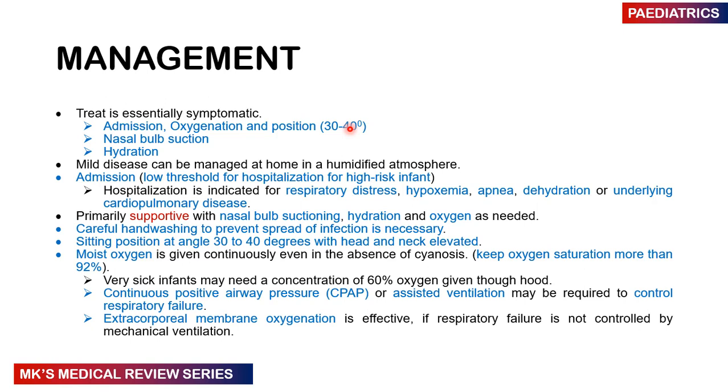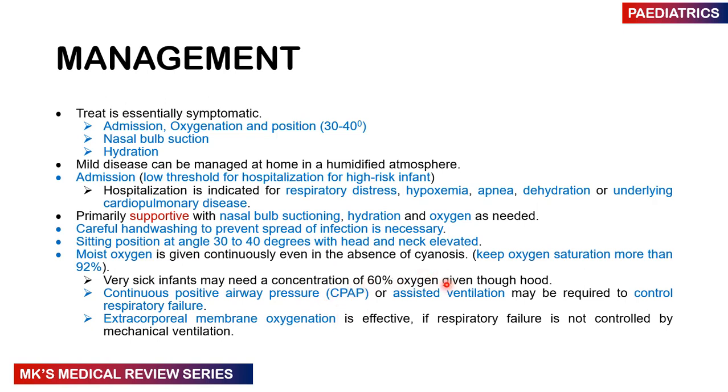You give them oxygen. If it's mild disease, you can actually manage them at home in a humidified atmosphere, but of course if they are admitted, you actually want to give them oxygen. It's very important that you should prevent cyanosis, so you continuously give them moist oxygen. Make sure you keep the saturations above 92%. So with the very sick infants, you may actually need a concentration of 60% oxygen given through a hood.